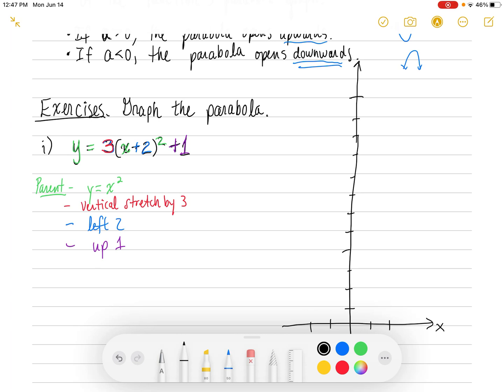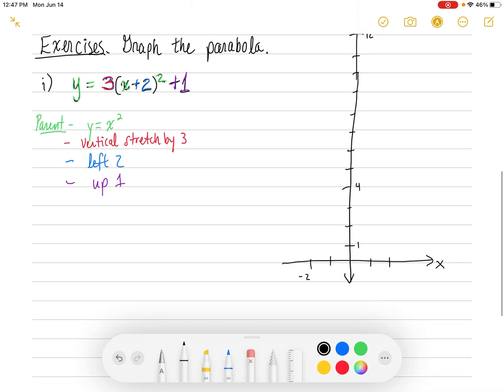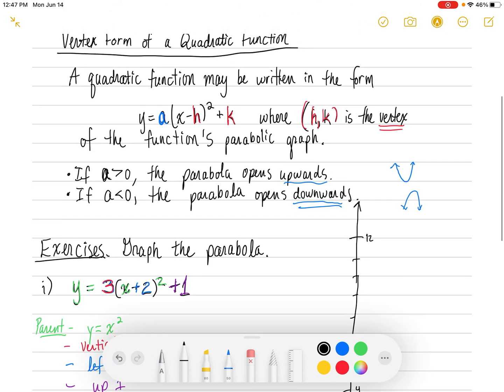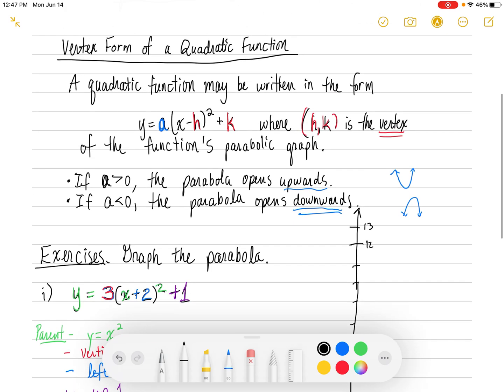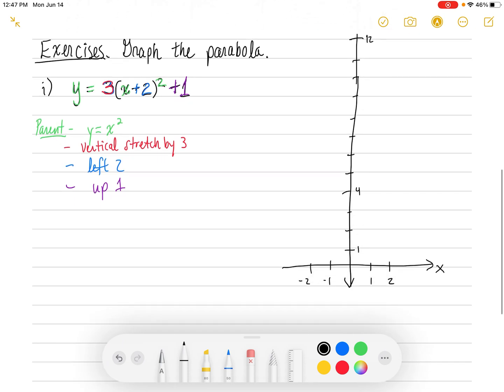I think so. I think I'll have enough space.